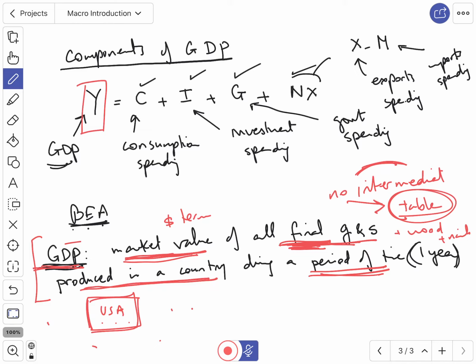Based on the definition, we would expect this to be in dollar terms because it's the market value of the final products, not used products, not intermediate products, and has to be produced within the borders of a certain country within a specific period of time. So anytime you're defining gross domestic product, you have to be sure that all these important terms are included.